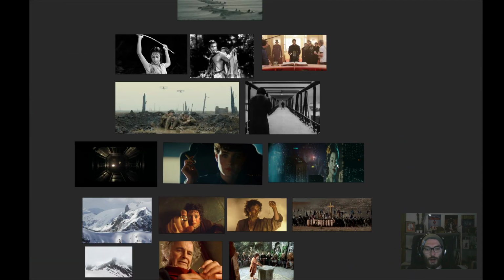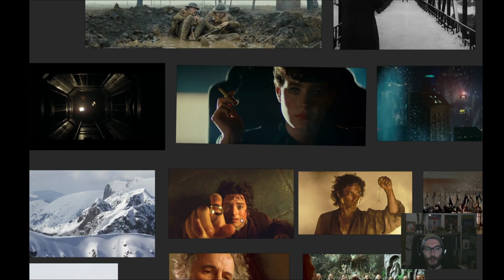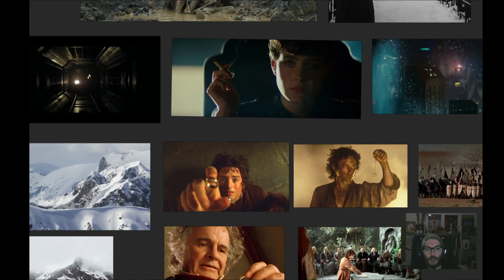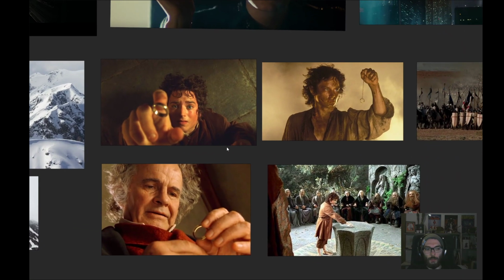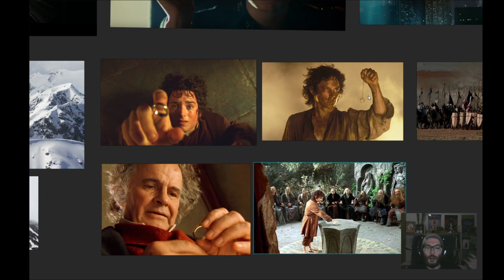Really good balance here, but we are all talking about focal point, and doing a focal point with a prop is actually a really interesting topic that popped up in my mind while looking at those frames. You can clearly see that this is from Lord of the Rings, and the ring is a really strong element in the story, but visually it's just a ring.